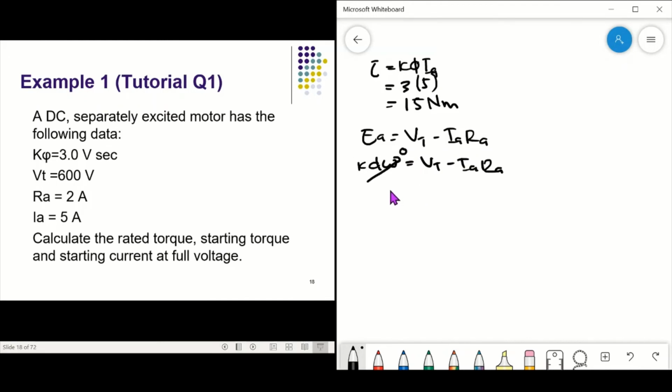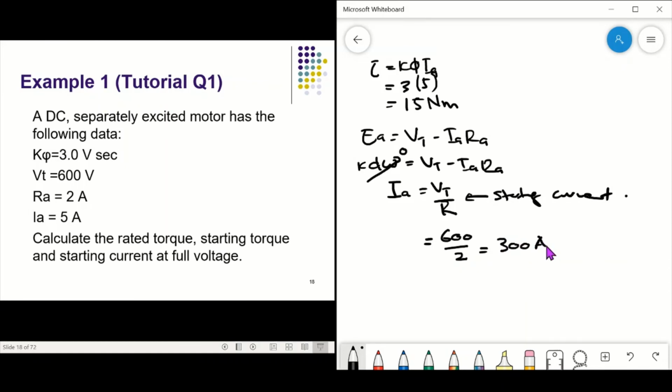So from this equation, we have IA equal to VT over RA. This is the starting current. So IA equals VT, which is 600 volts, over RA, which is 2, so we get 300 ampere. We cannot use IA equal to 5 ampere because this is the rated current, and this is the starting current.